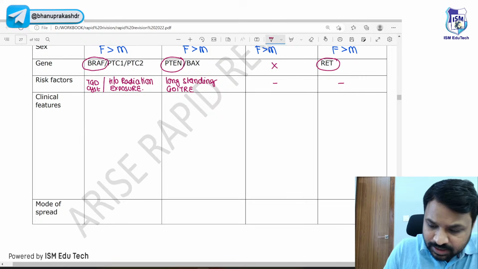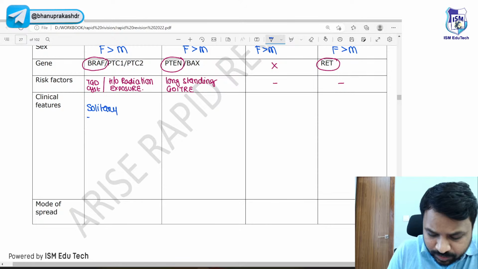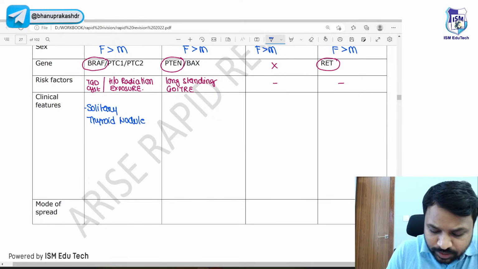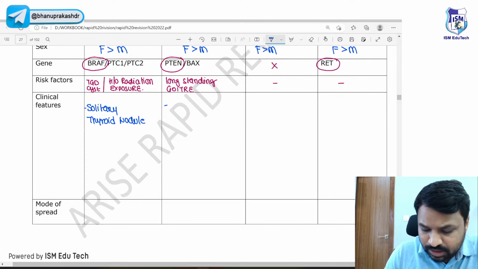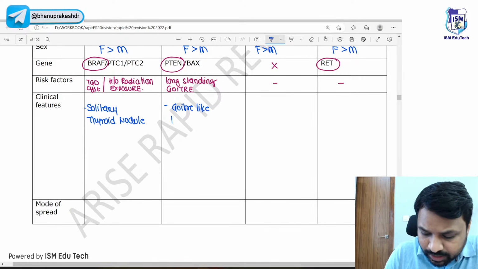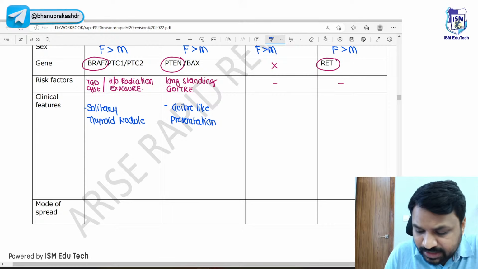For papillary cancer thyroid, they will present to you as a solitary thyroid nodule. Follicular cancer is going to present as a goiter-like presentation. Anaplastic is the most aggressive form.